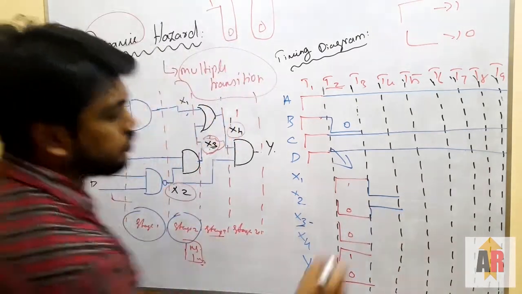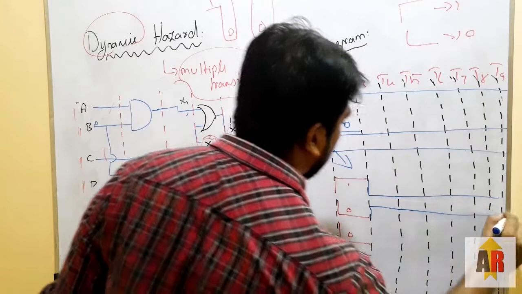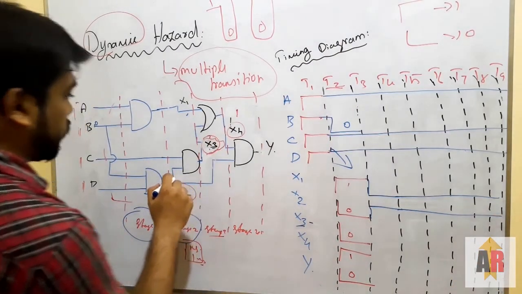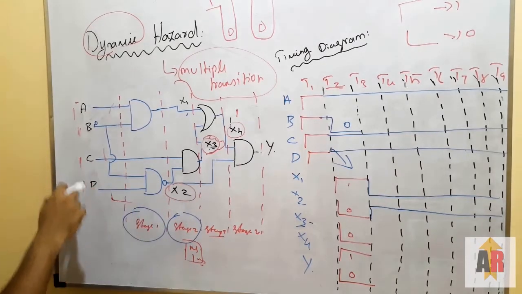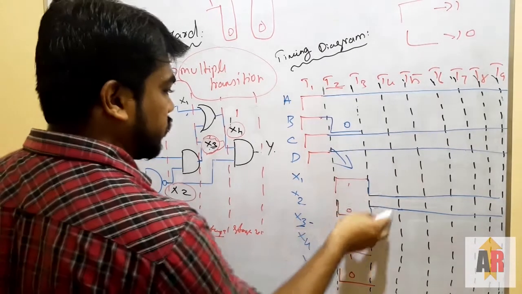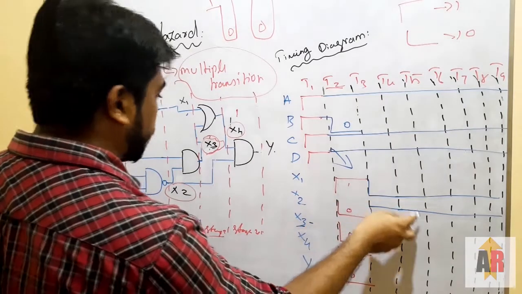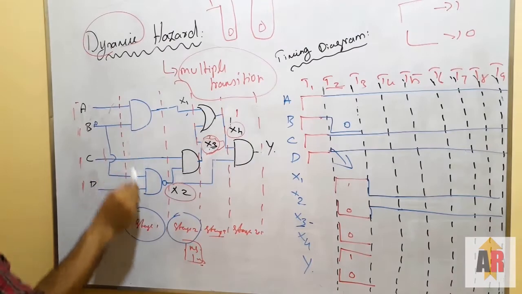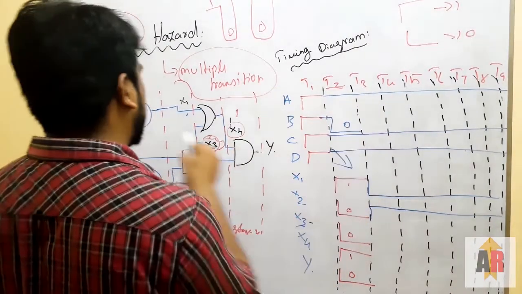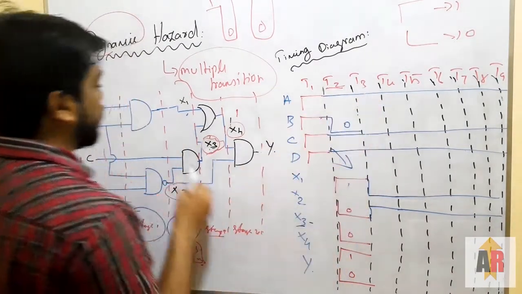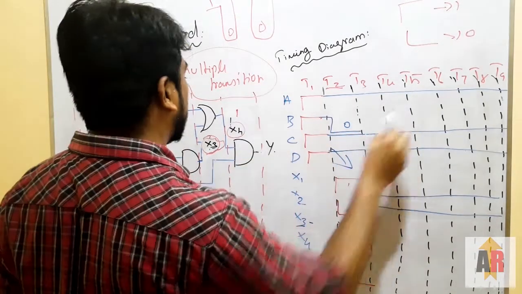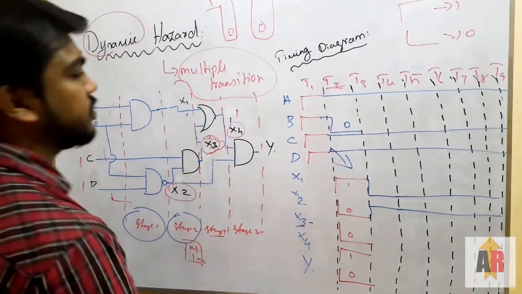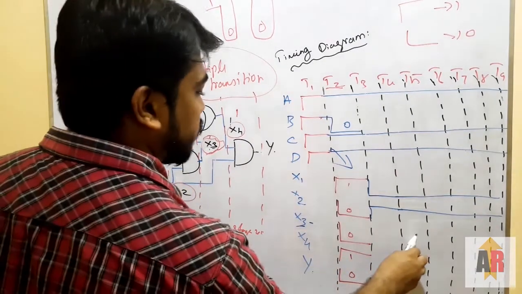So you can apply directly the remaining conditions. Then come to x3, x2 into c. So x2 is changed here, right? x3 you should not write here, it should happen here, because this first stage means it's a common time period with respect to t3. Then this is a common time period with respect to t4. This is a common time period with respect to t3, which means the delay is adding in each stage. So I should mention my x3 over here.